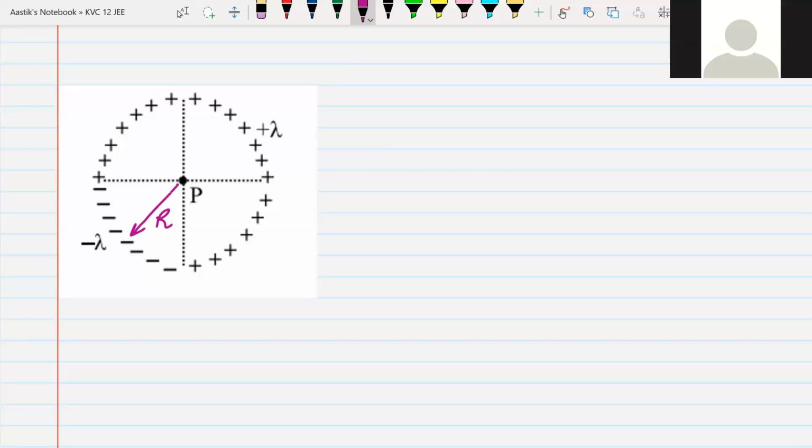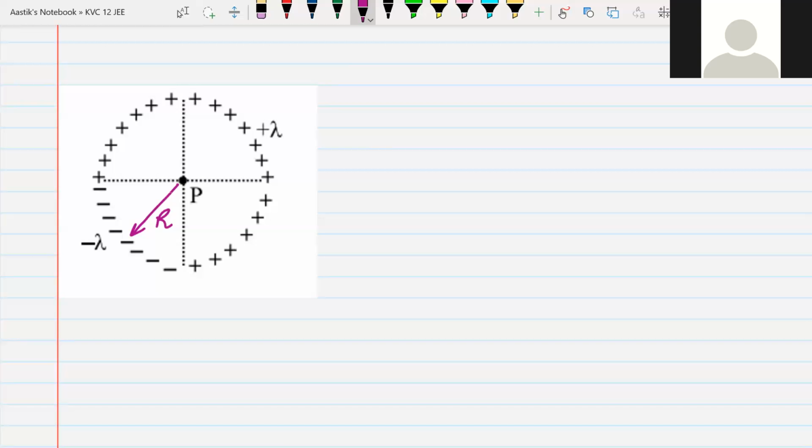Lambda by pi epsilon naught r sin theta by 2. Yes, but anyone with an answer?